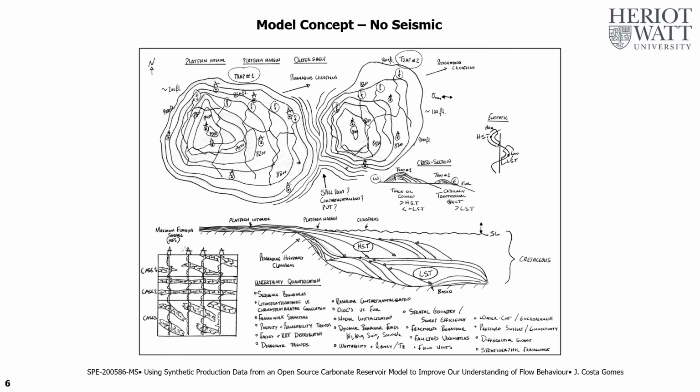This model is entirely synthetic. We therefore did not use any seismic data to construct it. On the contrary, we started with contour maps. So I literally sketched the reservoir. I wanted to have initially 2 anticlines so that we could also look at the uncertainty and spill points, compartmentalization, and so forth.